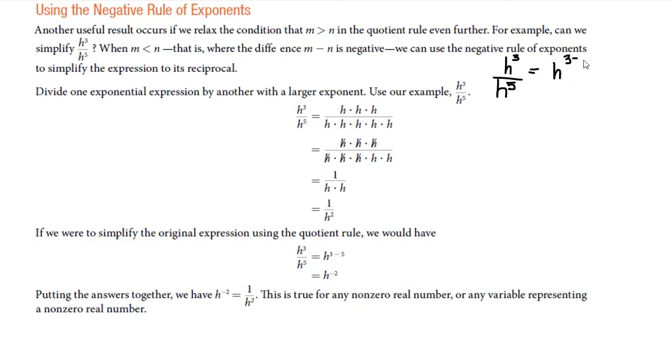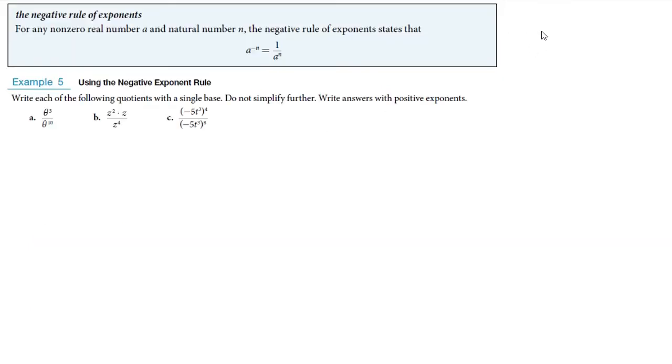So 3 minus 5 would give us h to the minus 2, but we already know that h to the minus 2 in this case has to equal 1 over h squared. So the negative rule of exponents would be a to the minus n is equal to 1 over a to the n. Now in example 5, we're going to use the negative rule and write your answers with positive exponents.